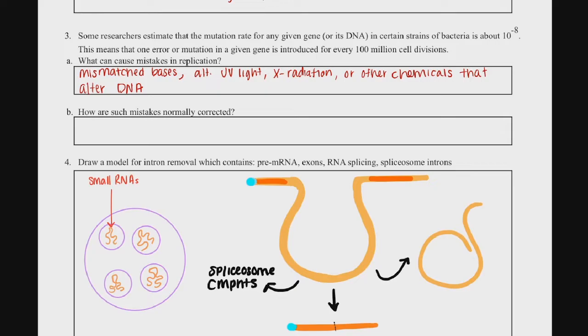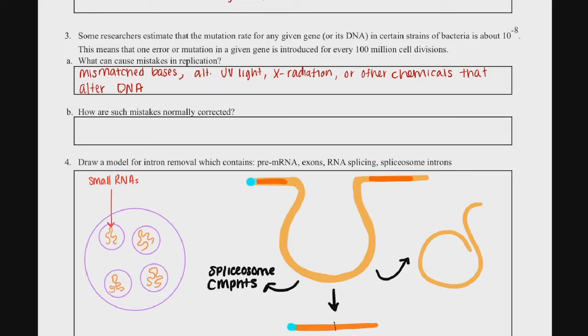How are such mistakes normally corrected? Normally, DNA polymerase inserts a new nucleotide during replication, and while it's doing that, it also checks and proofreads each nucleotide against the template for any mistakes or mismatches. So if a mismatch is found, DNA polymerase has the ability to remove and replace it with the correct nucleotide.